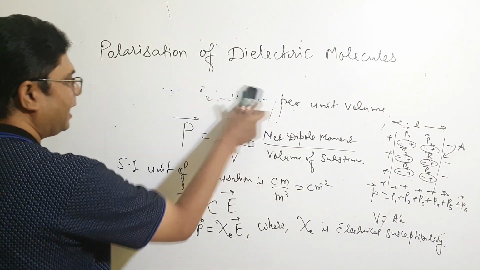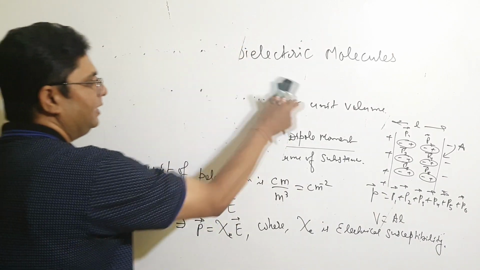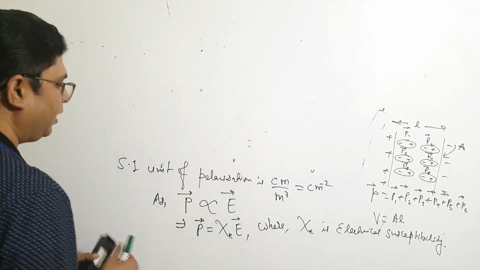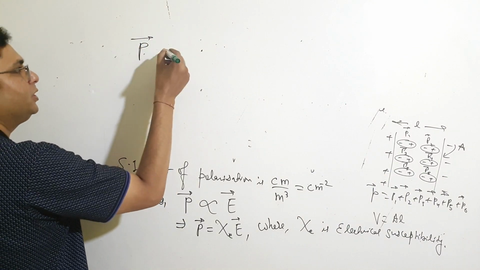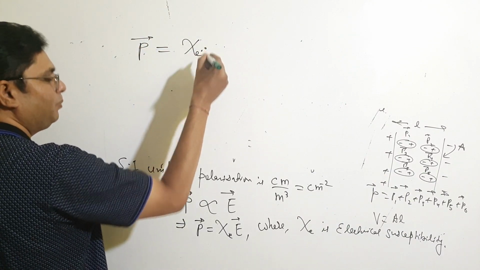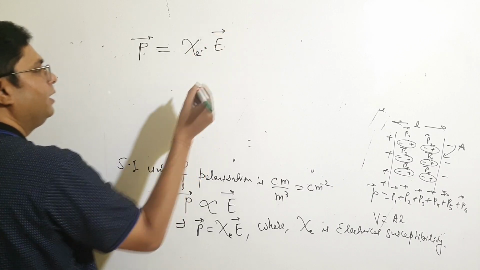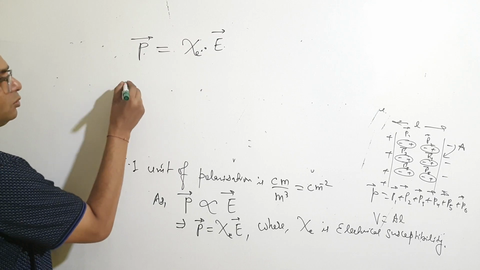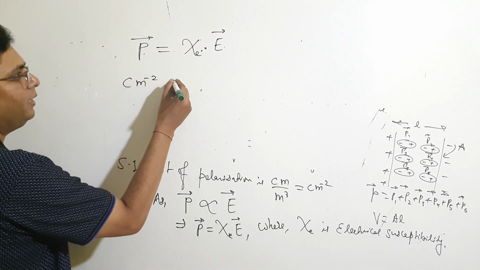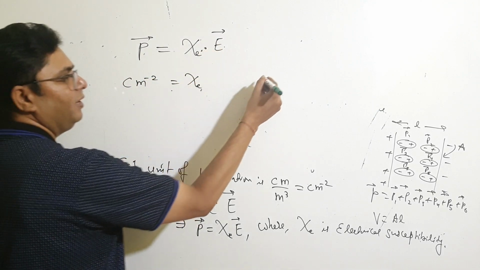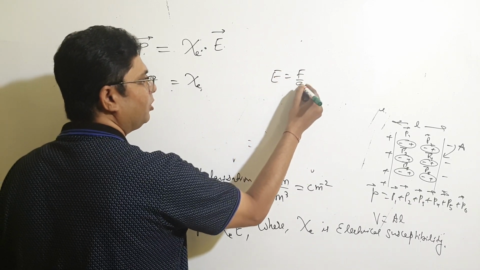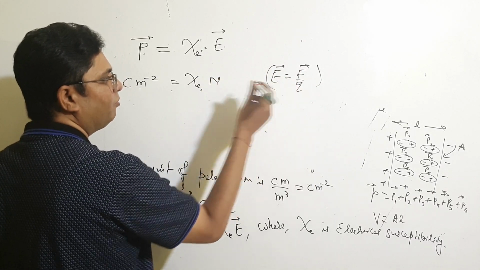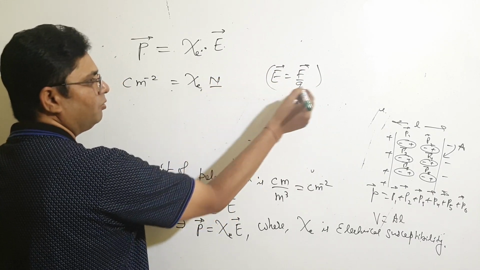Now you are going to understand the SI unit for electrical susceptibility. So what do you have? You have P, polarization, equals electrical susceptibility into electric field. SI unit of polarization is coulomb per meter square, and SI unit of electric field E equals F upon Q, so the unit is Newton for force and coulomb for charge.